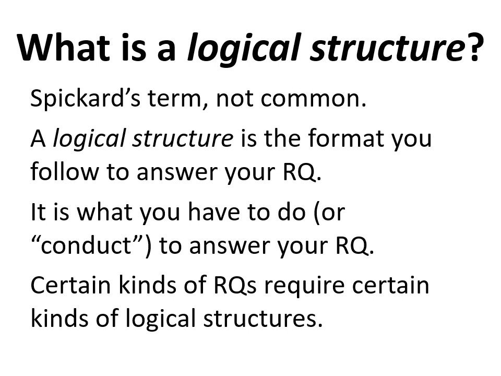This is really the key point: certain kinds of research questions require certain kinds of logical structures. So some research questions can't really be answered by many of the logical structures. You first identify your research question. Once you've done that, that usually points to a handful of the 10 logical structures.